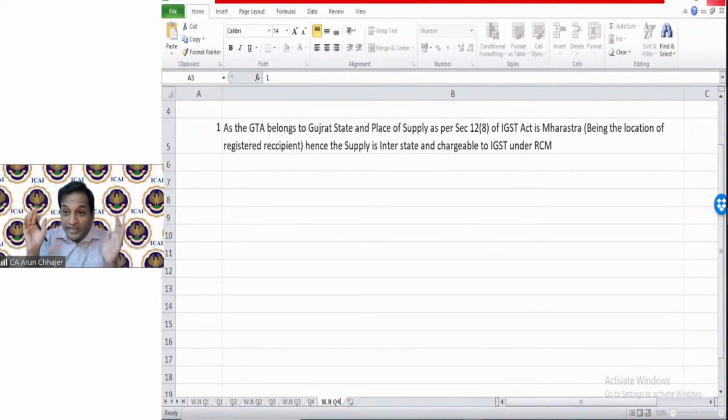My question is why I am adding these custom duties, etc. in the value, and on the total value I am calculating the IGST.